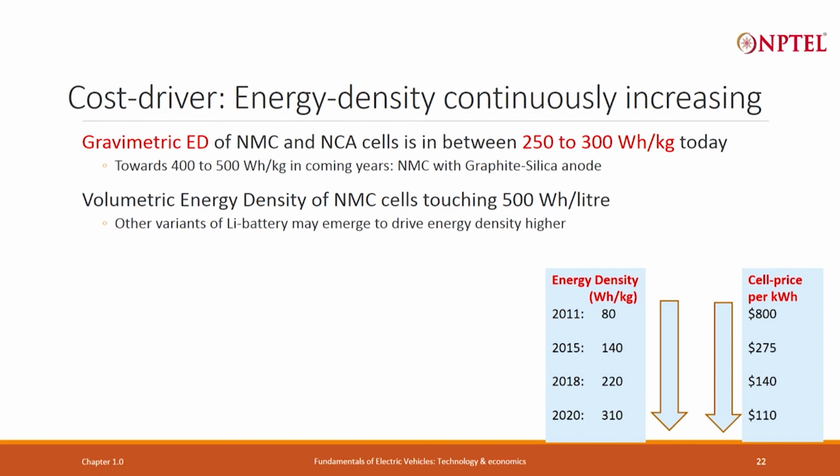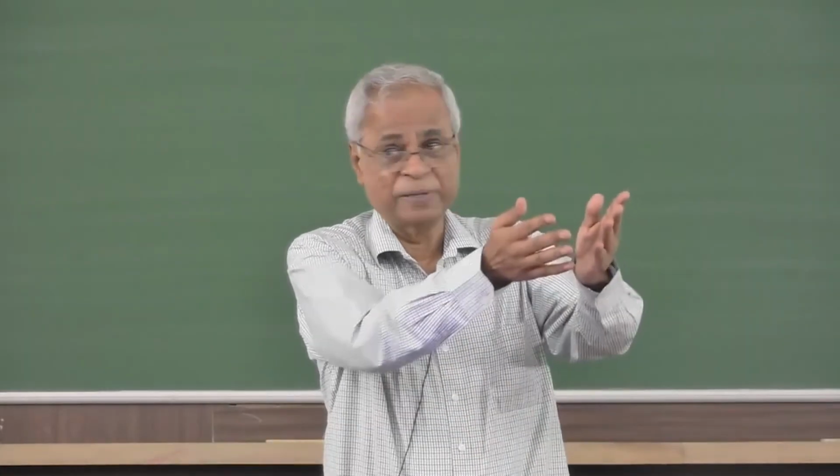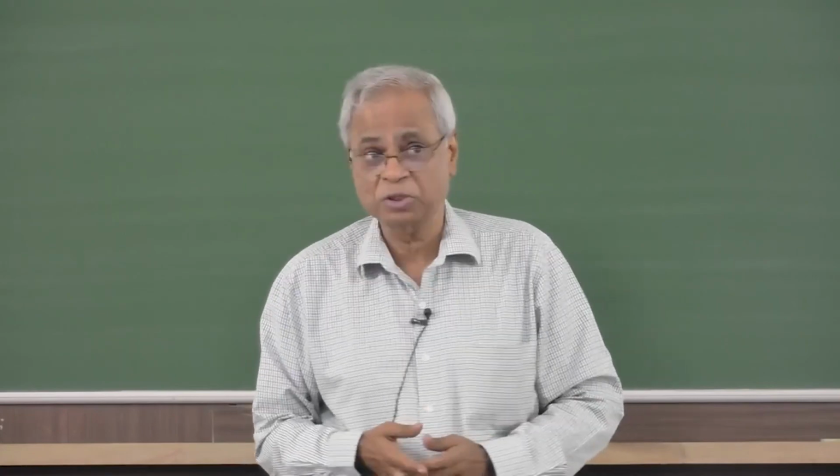Now, there are promises that if I take an NMC battery, but put in a graphite and silicon anode, in a few years I may get to 400 watt hour per kg, 500 watt hour per kg. Volumetric energy density is already touching 500 watt hour per liter. Remember, these are for the cells. For the pack, it depends on people like Dr. Kaushal.